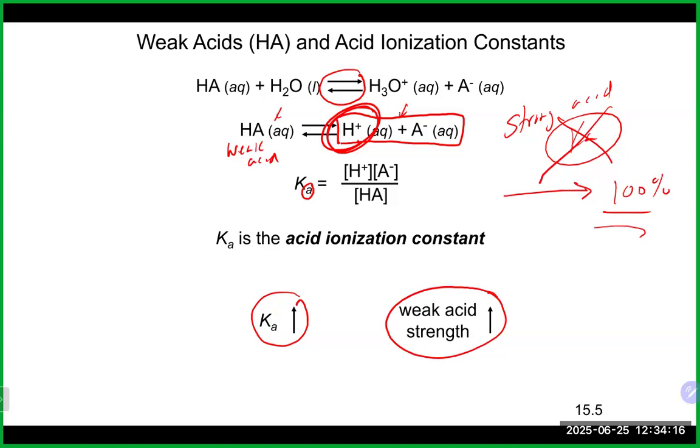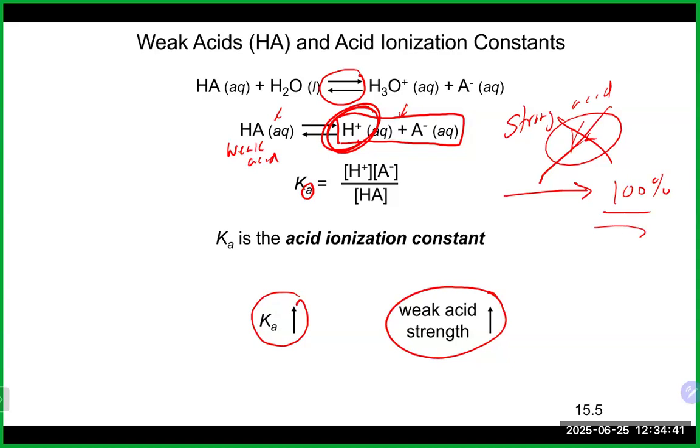The one exception would be sulfuric acid because it's a diprotic acid. But if you ever look up the Ka value for sulfuric acid, in most tables it says large, which is not a very helpful number, right? But we typically do not have Ka values for strong acids because they do not set up an equilibrium.